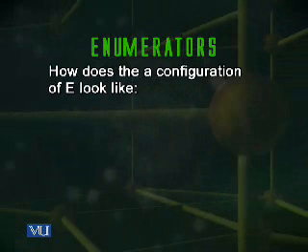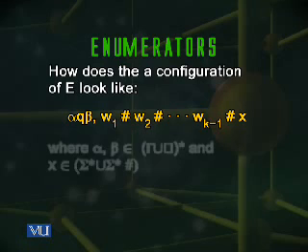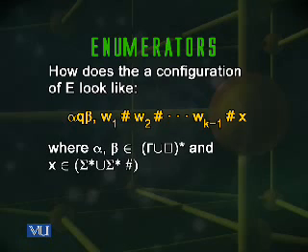So a configuration of an enumerator would be of the form alpha, Q, beta, comma, W1, hash sign, W2, hash sign, all the way up to WK, hash sign, followed by an X. Here, alpha and beta are going to be strings over gamma star, whereas X is going to be a string over sigma star, union sigma star followed by a hash.